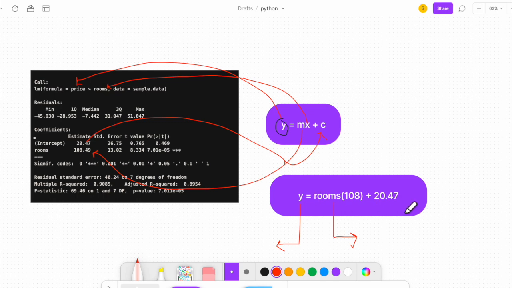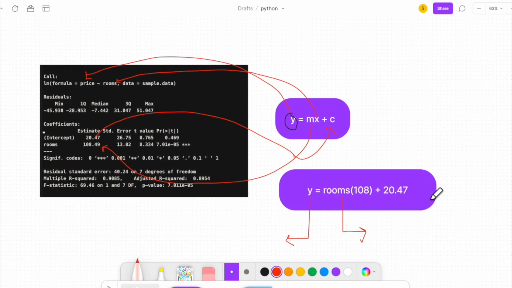Similarly, we can introduce multiple factors here, and we try to fine tune the equation such that with the minimum number of variables included, we get the most accurate model. This is the most basic model which we have created using one column as an independent column, which is influencing our price as a dependent column.